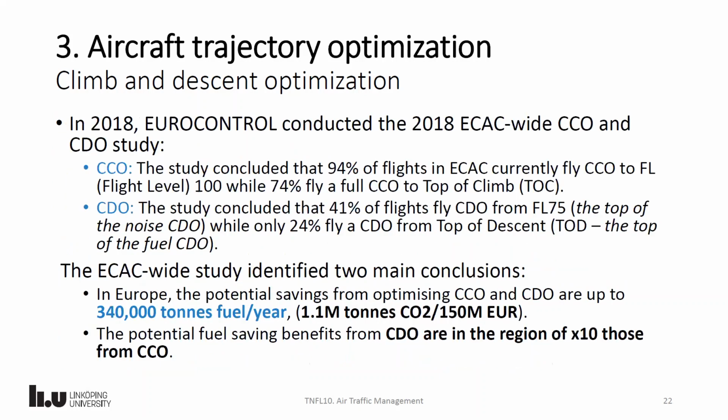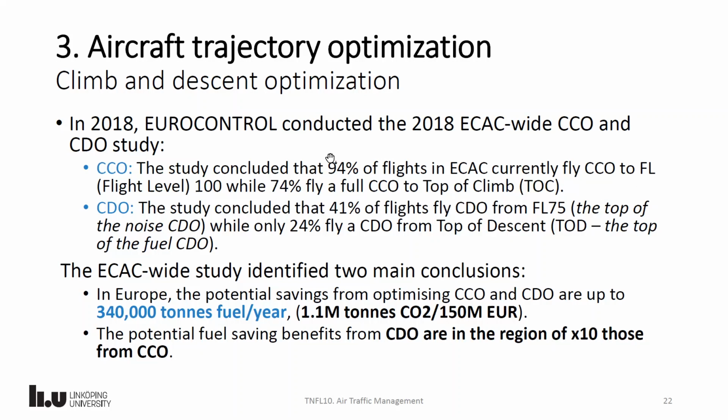There was a study done by Eurocontrol in 2018 in all the countries of the ECAC, and they found that for the continuous climb operations, 94% of flights in the European economic area currently fly continuous climb operation to flight level 100, and 74% fly with full continuous climb operation to the top of climb.